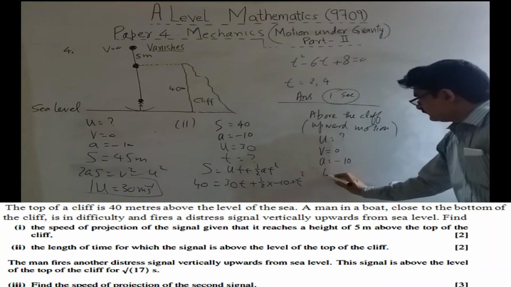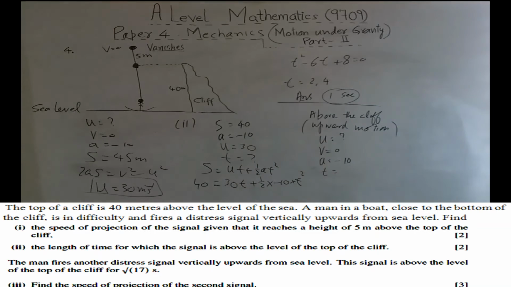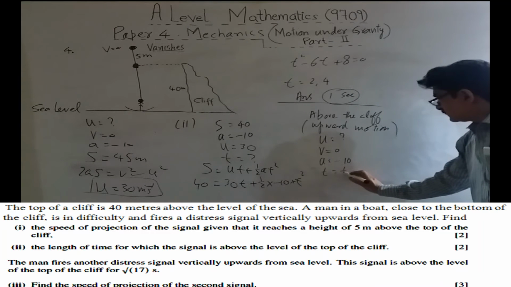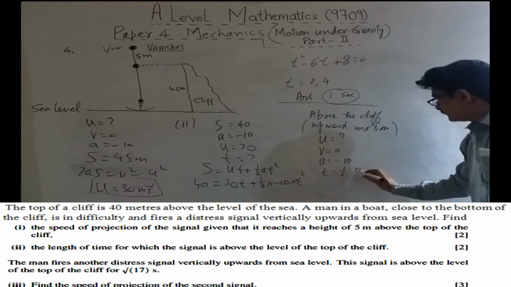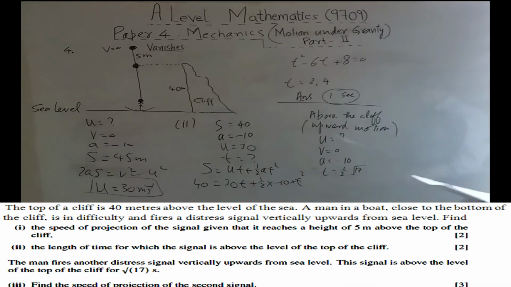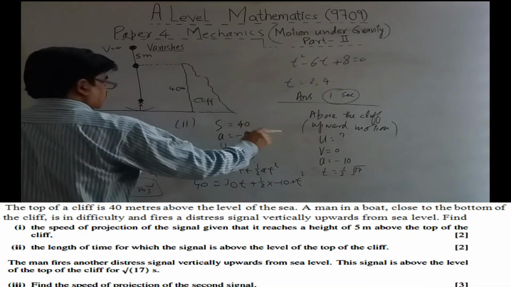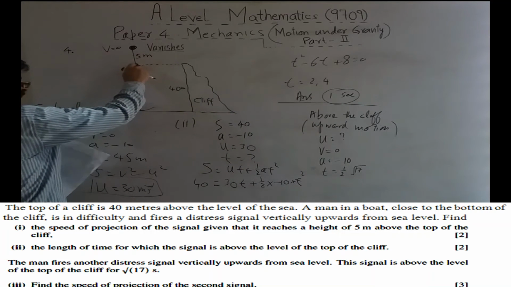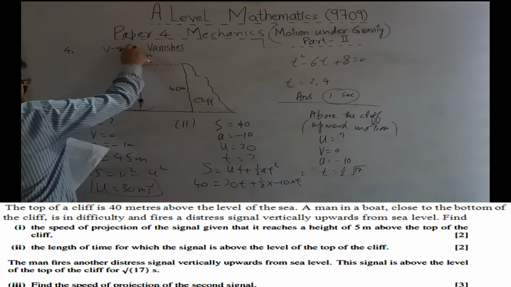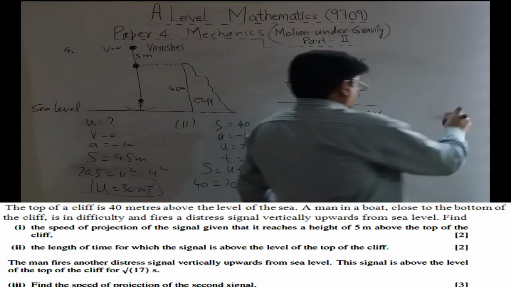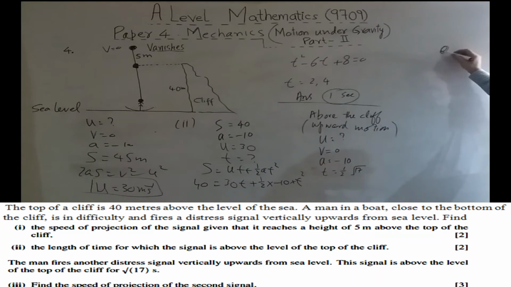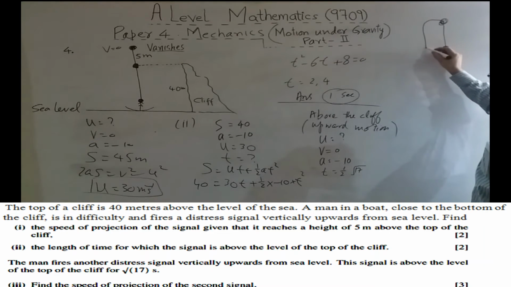Now the third quantity, very important, which I have explained to you: now you will take time, and the time will be half of root 17. This is a very important point, because root 17 seconds is the time in which the signal goes from this point to this point and comes back. So if I make a separate diagram, from this point it goes and from here it comes back.